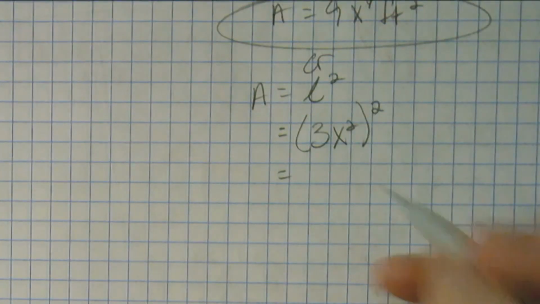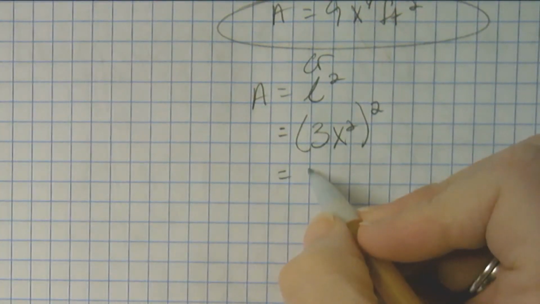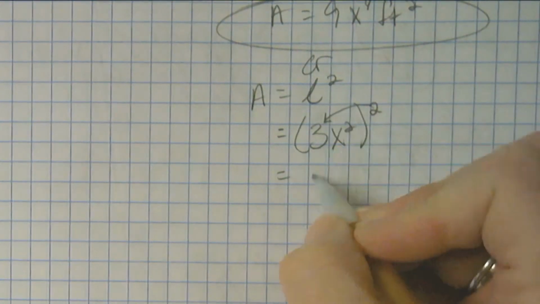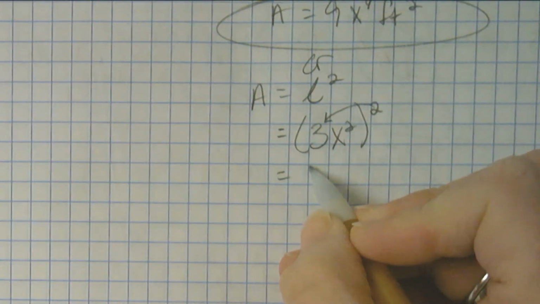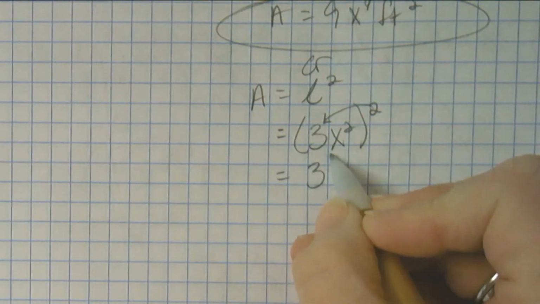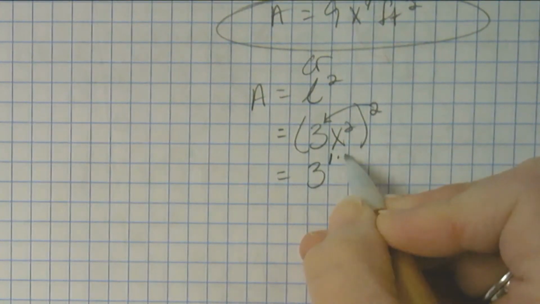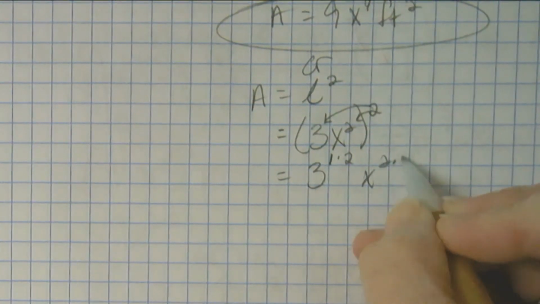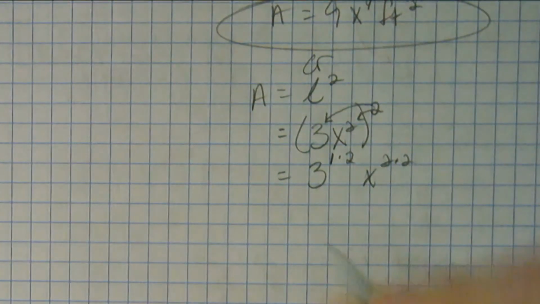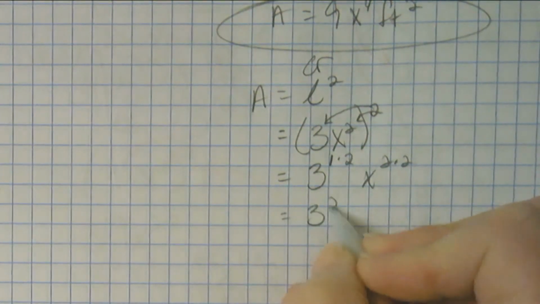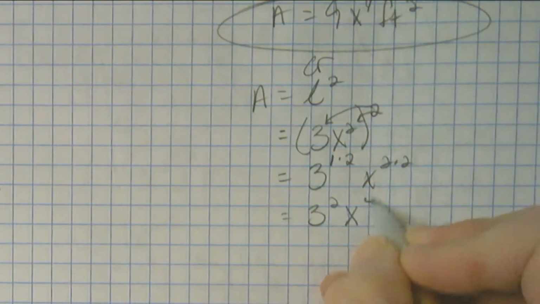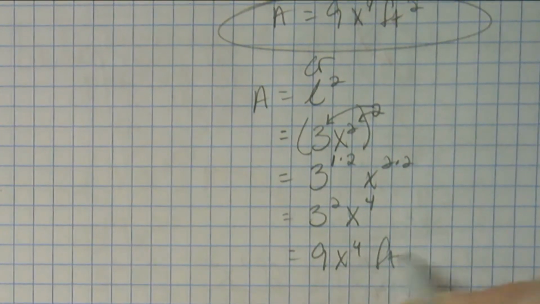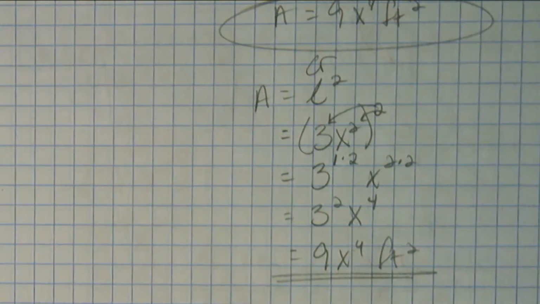Jack? So tell me what I'm going to write, sweetie. Excellent. I have to see that. So now I end up with 3 squared times x to the 4th, which we know is 9x to the 4th feet squared. Area is always squared.